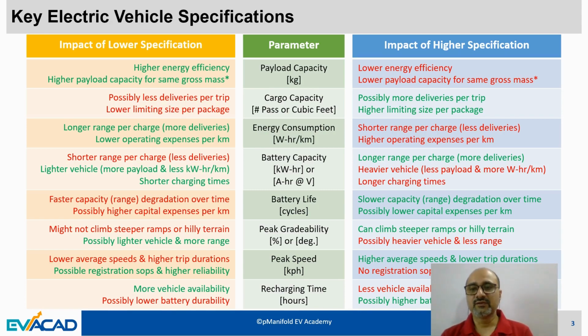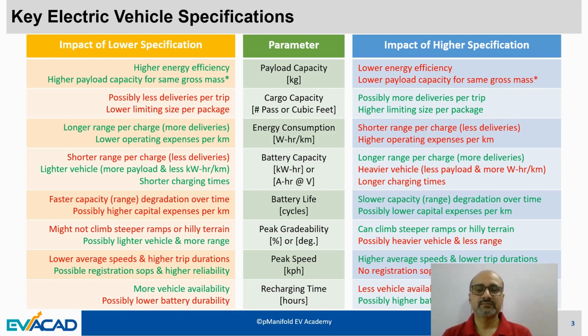If you have higher battery life, those batteries are typically costlier, though they do have slower range degradation. So a judgment call has to be made on how much life to pay for, while understanding the expectations of the users, how much calendar life they expect out of the batteries.